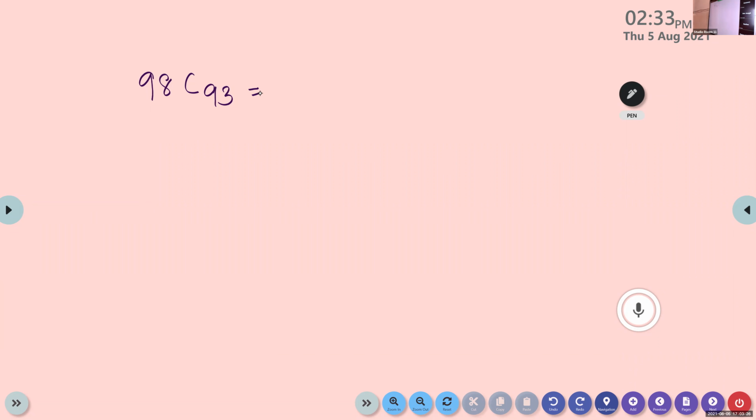Is it possible? So now look here. Look at the r value. Here the r value is greater than n by 2. Is it more than half of n?